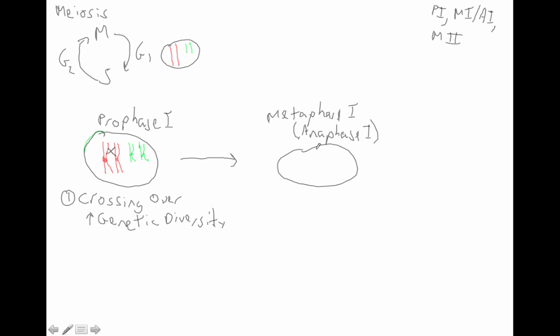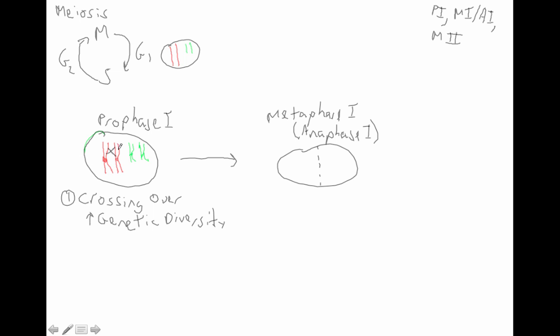And remember, just like in mitosis, there's this imaginary line that comes down here, this center line here. And on the last slide, if you recall, I said one of the most important things that happens during meiosis 1 is that we segregate the homologous chromosomes from each other. So we want to take this red chromosome here and put it in one new cell.